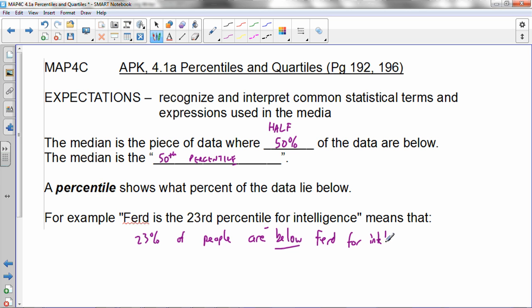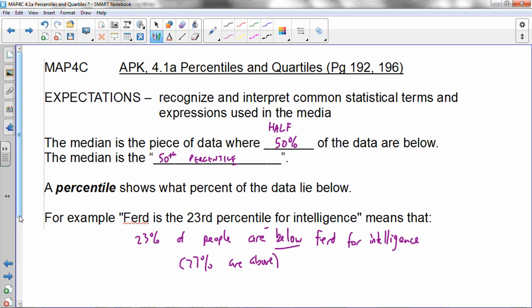Well, not many, right? So that means Ferd's not very intelligent. 77% are above. Okay, and that's what percentile means.